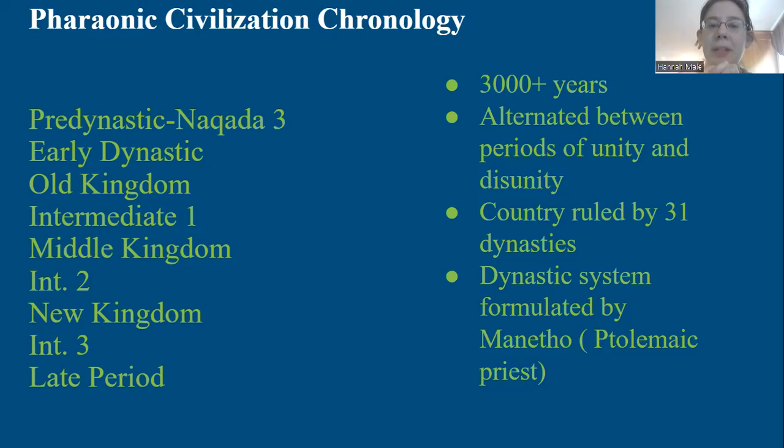This is probably the most well-known period of Egypt, so a lot of its most famous rulers that the public knows about come from this New Kingdom period. And then towards the end of the New Kingdom, centralized state authority breaks down again, and that gets you to this third intermediate period.